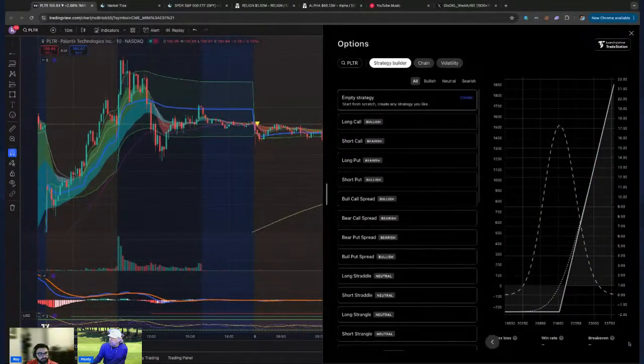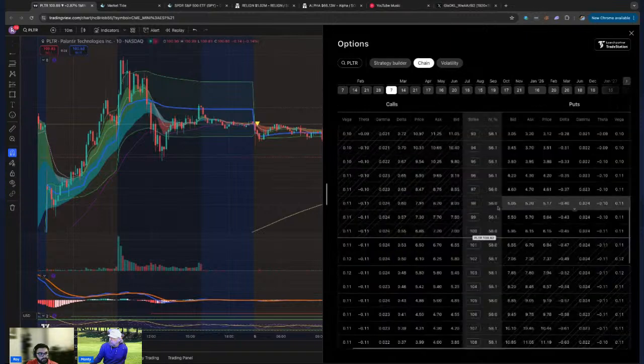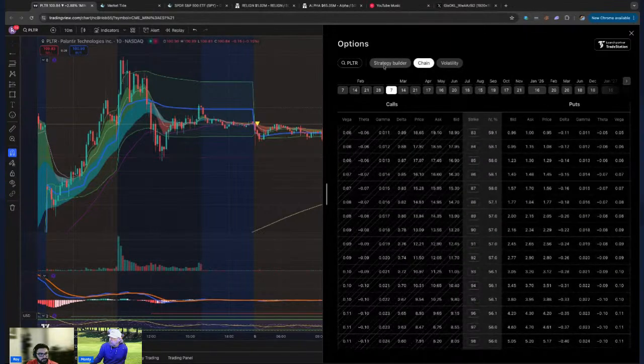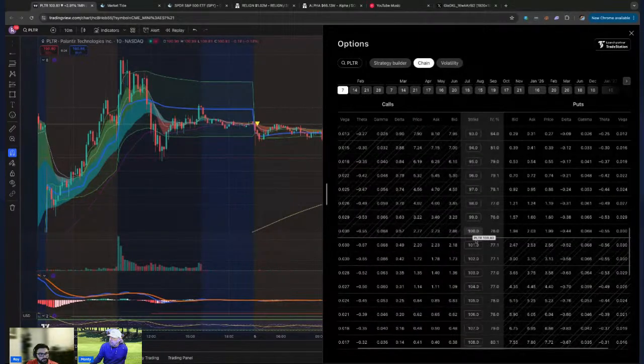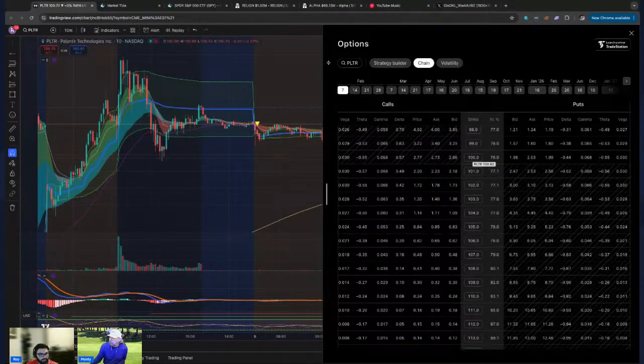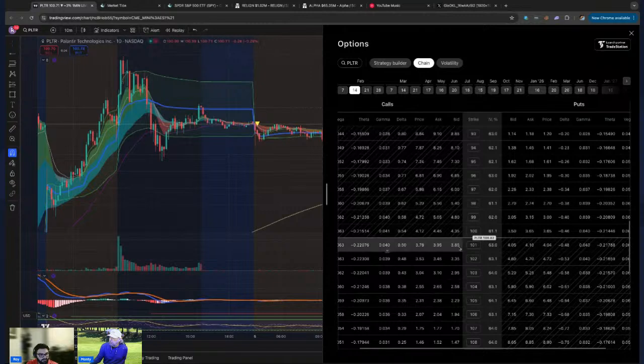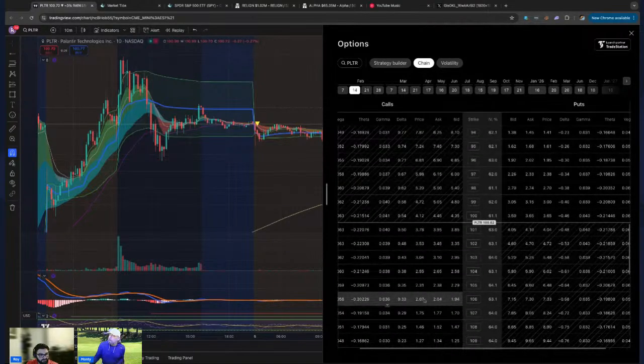Come on, chain. That's what I want. Yeah, it's not showing here either. So February 14th, 106, here, 207. Are you looking at put? 194. No. False. Nope. I'm seeing the bid is 79. The ask is 103.